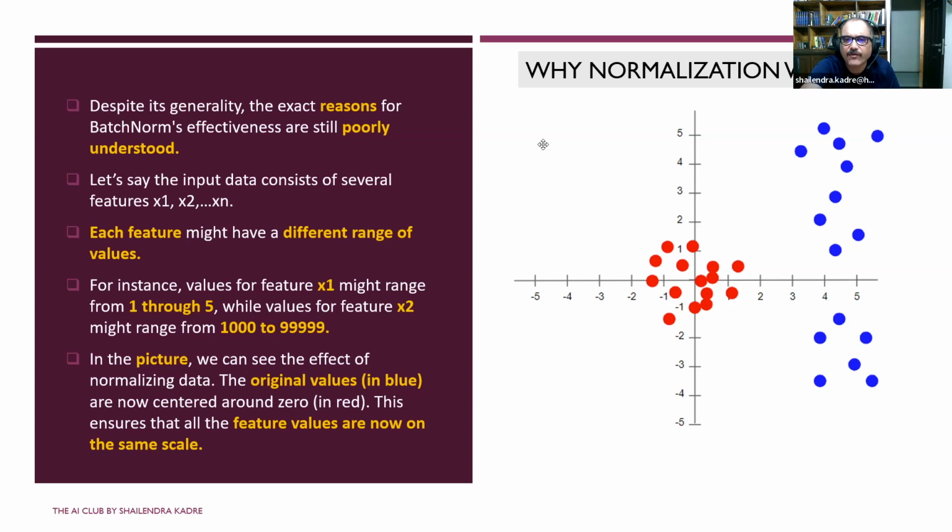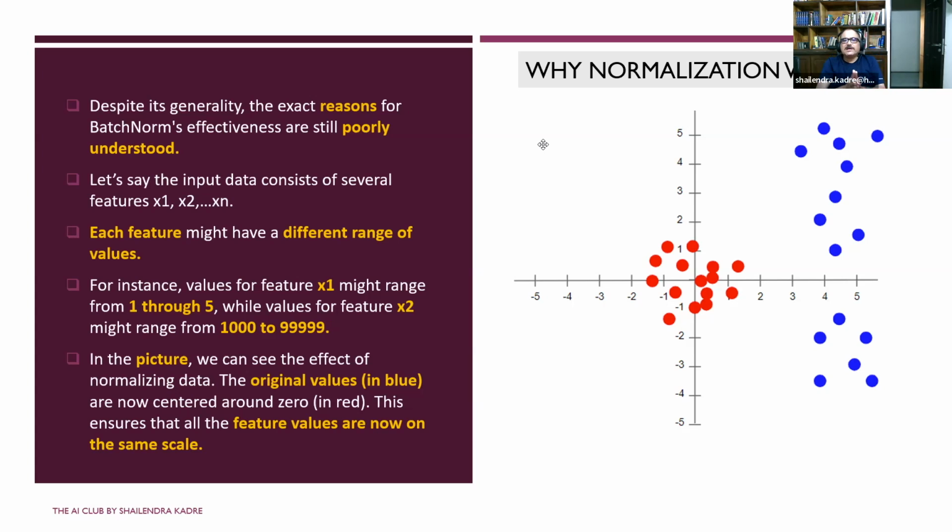When we don't scale the features, these are the clusters formed before scaling. But once we do scaling, say with batch normalization, everything is uniformly centered around 0 and it is a homogeneous cluster. So this is the idea behind batch normalization.